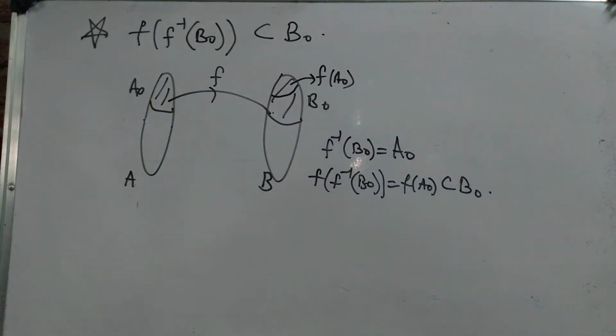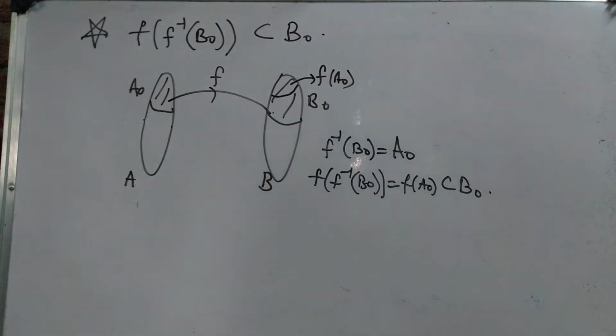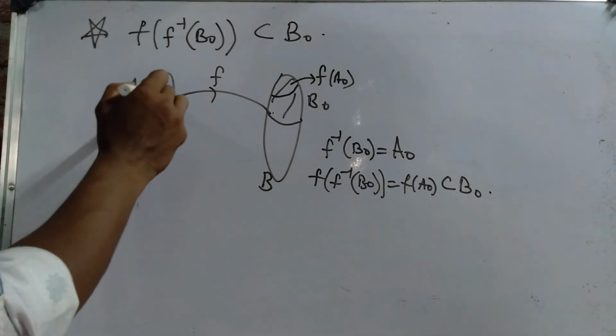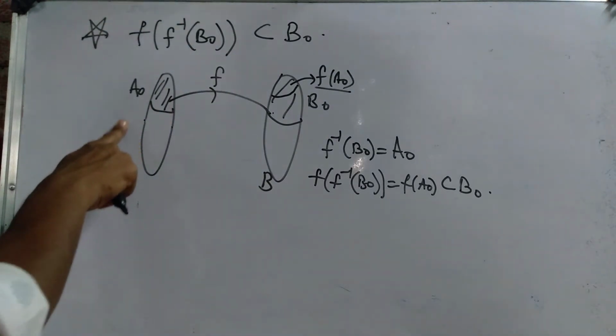Okay, in this way we get it: f inverse of B0 is A0, that means f of A0 is the image set.